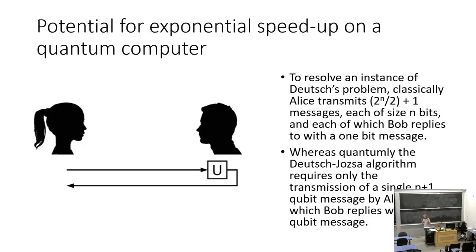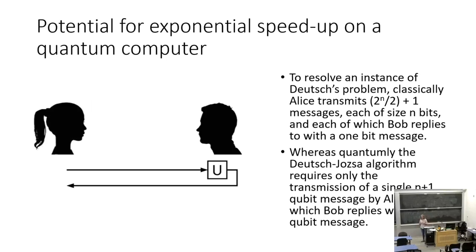Okay, so what Deutsch and Jozsa laid out in their 1992 paper is that this gives us a way to potentially exponentially speed up this problem in a quantum computer. So I have Alice and Bob again, my buddies. Imagine that the oracle is held by Bob, who's spatially separated from Alice, who's trying to determine whether a function is constant or balanced.